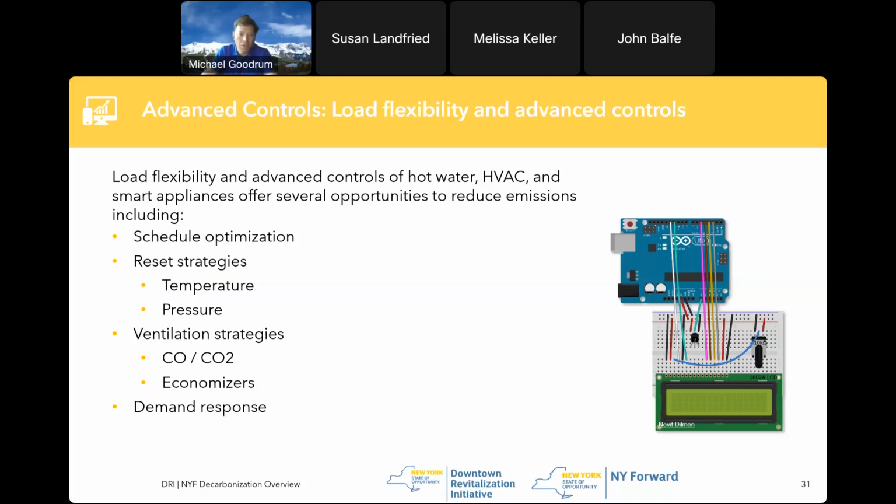So, it's taking advantage of the technology and making adjustments so that you can reduce your overall utility costs and your energy use for the building.